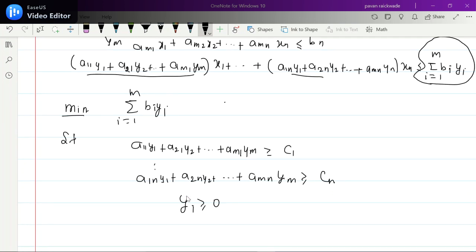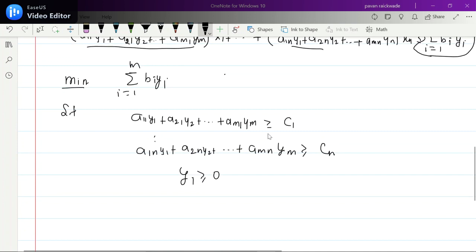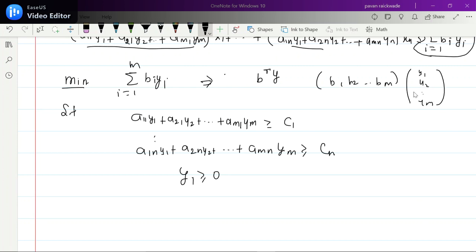If you reformulate this into matrix form, the objective looks like b transpose y, that is b1, b2 up to bm times y1, y2 up to ym, simply a matrix multiplication.